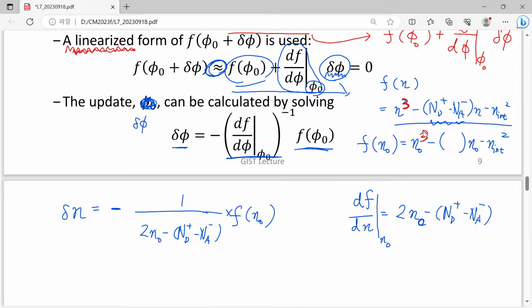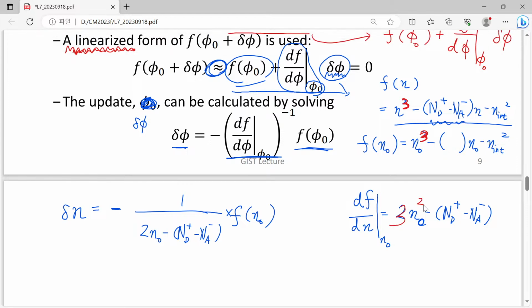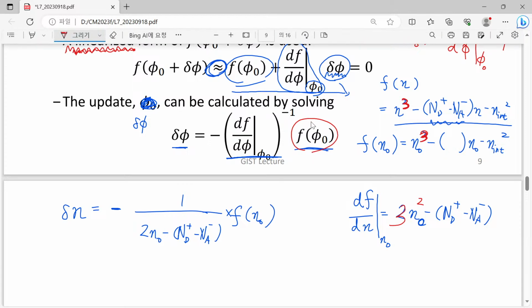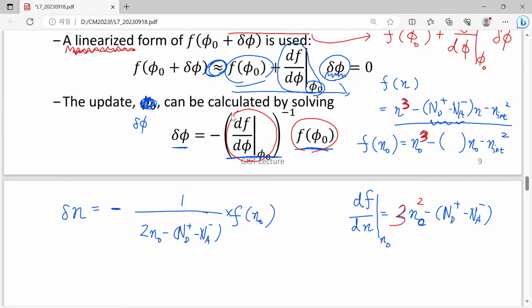We can just evaluate this function value, and now the first derivative term can be 3 times the square of n naught. That's it. So generally, the only required thing is twofold: one is to evaluate the function value and also to evaluate the first derivative. Then you can calculate the update.